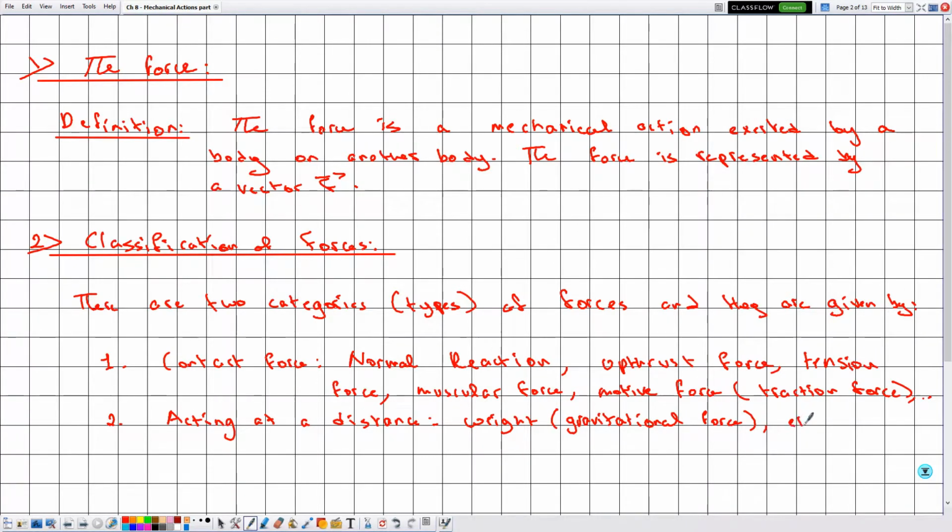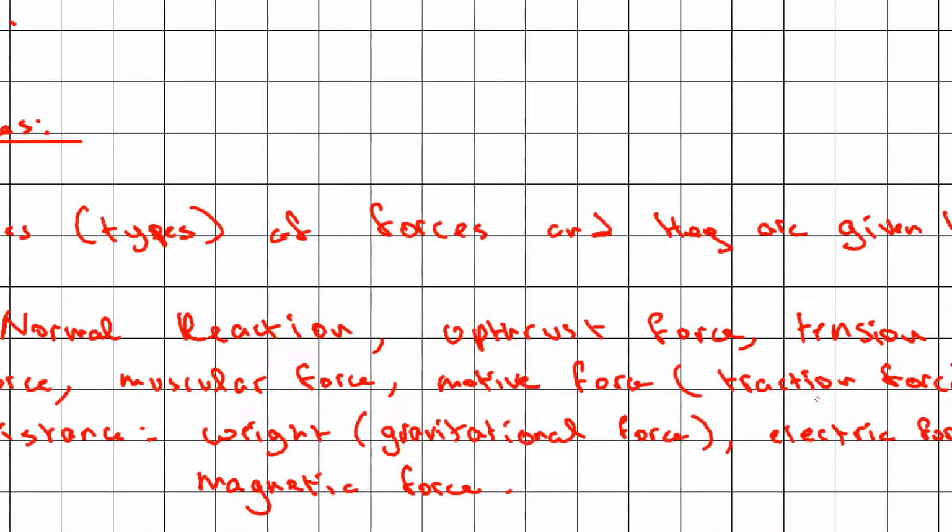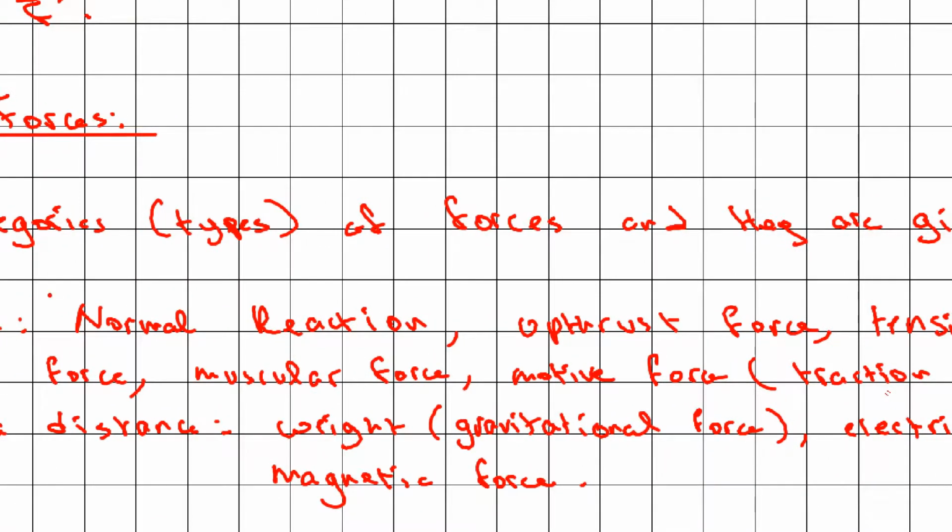We have the electric force. And we have also the magnetic force. So the thing is that it's difficult to limit this list under the classification of the contact force.